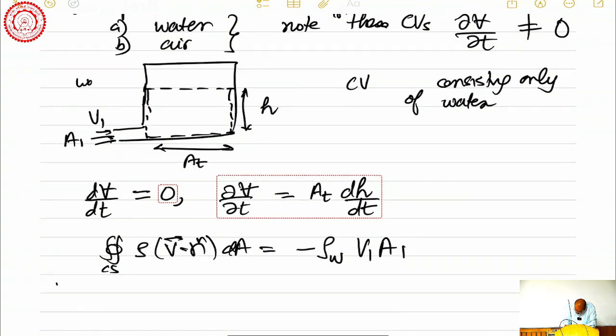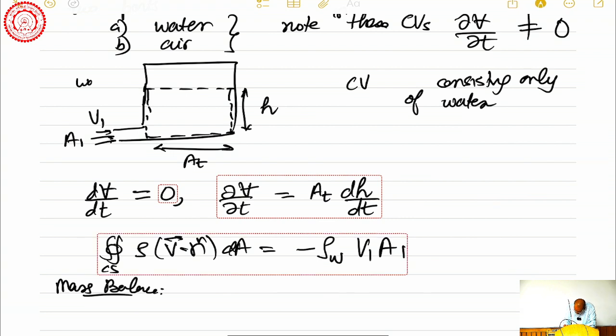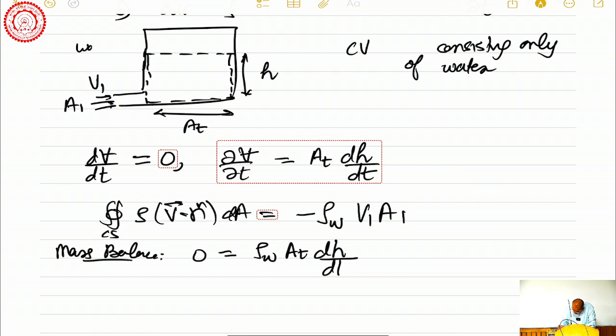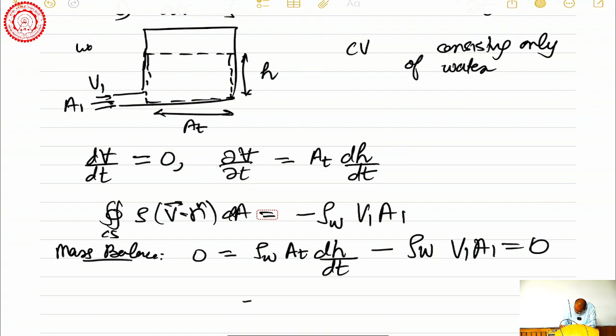So now mass balance would give me 0 is equal to rho of water AT dH by dt minus rho W V1 A1 is equal to 0, and this would give me dH by dt is equal to V1 A1 by AT.